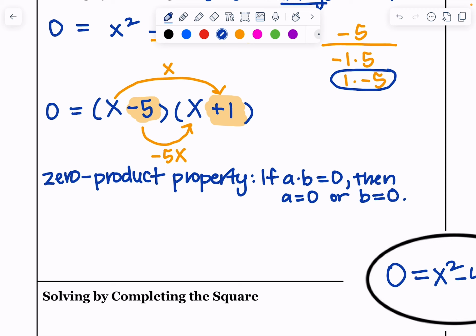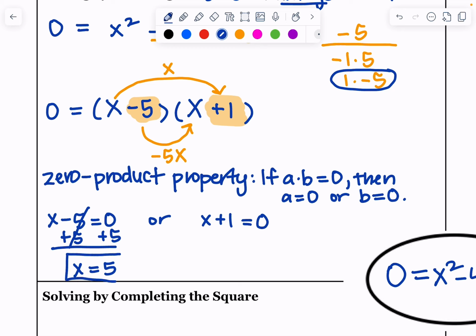So applying that to what we have, we're going to have x minus 5 equals 0 or x plus 1 equals 0. I'm going to add 5 to both sides, and I get my first solution is x equals 5. I'm going to subtract 1 from both sides, and I get my second solution is x equals -1.